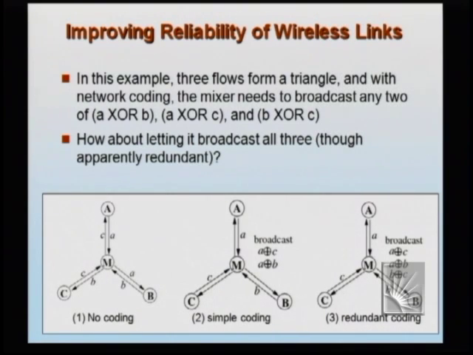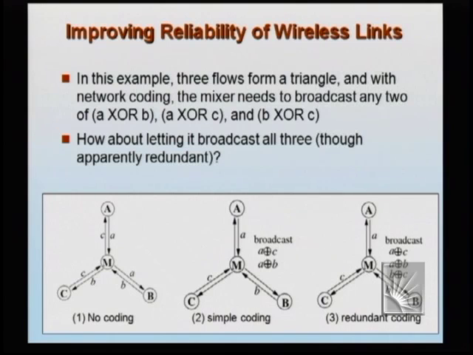Receiver A wants to get C, and because it has A, it can recover C by receiving this. Node B can recover A because it has B already.